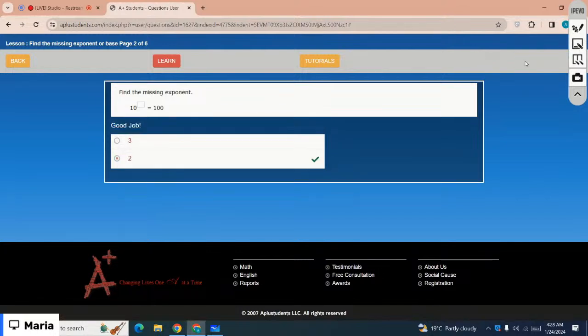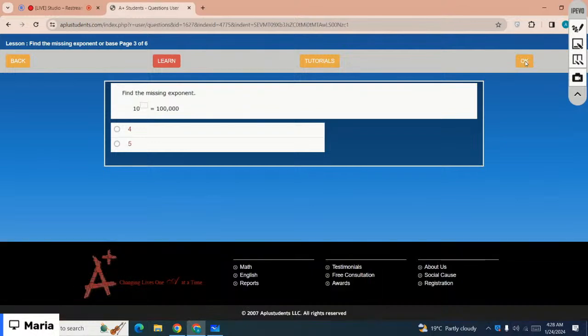The next one is find the missing exponent. So which exponent is missing? 10, the missing exponent, equals 100 thousand.